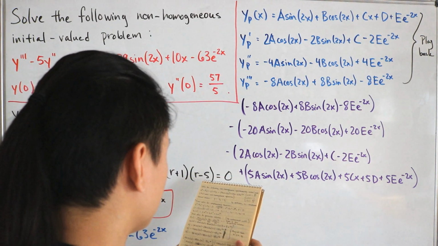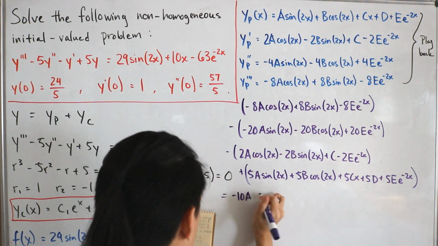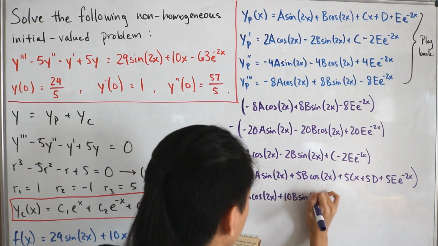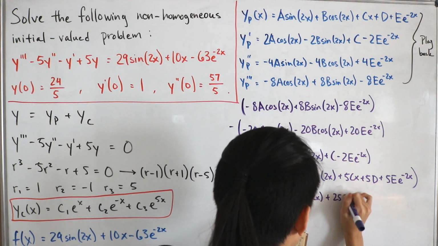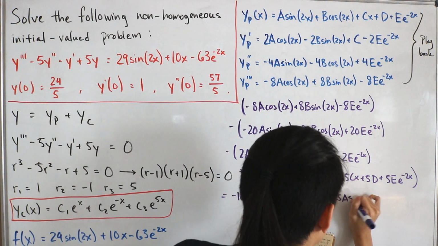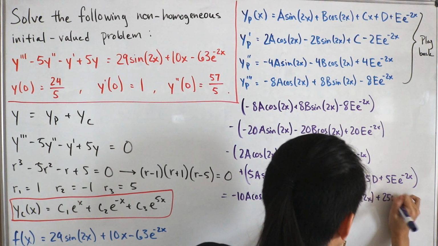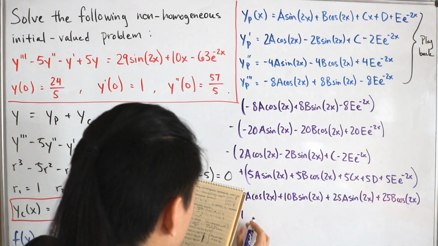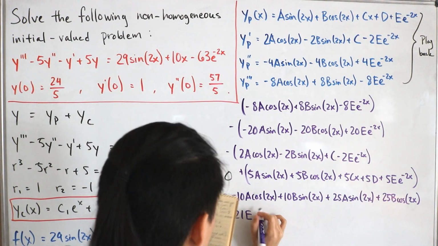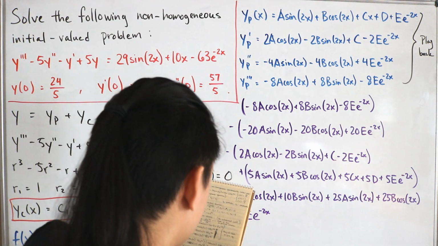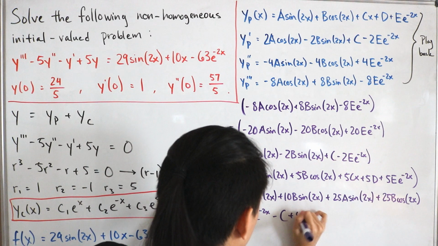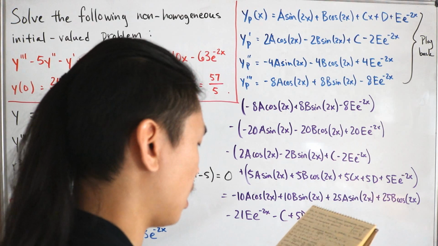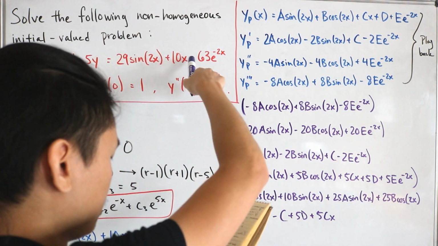This will yield negative 10a cosine of 2x, add this with 10b sine of 2x, add this with 25a sine of 2x plus 25b cosine of 2x, and then subtract 21E times e to the negative 2x, then subtract c, add this with 5d, and then add this with 5c times x. And of course, all this is set equal to the right-hand side of the equation.